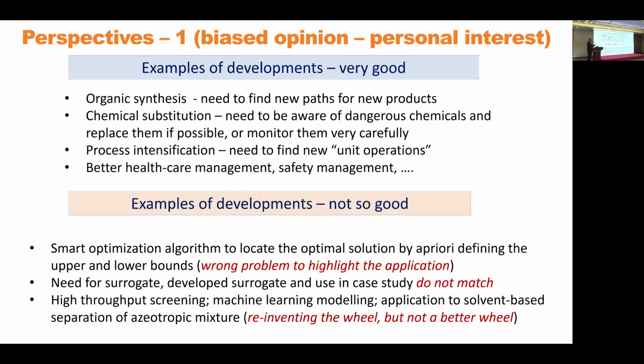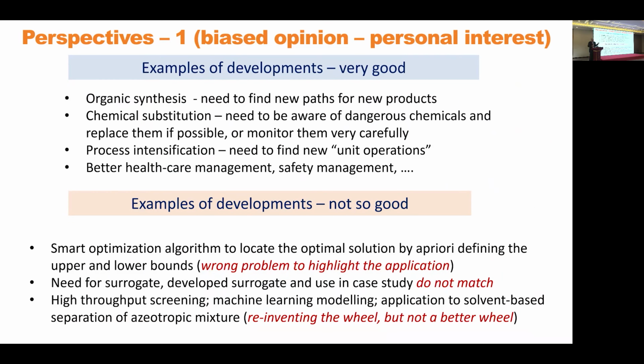So now I will finish with 3 perspectives, so I finish on time. And these are, I will agree, biased opinions, my own personal interest. Some examples of very good development: organic synthesis, I think, is very important, because even if we want to do biorefineries, biochemical, bioconversions, CO2 utilization, we need to generate new reactions.